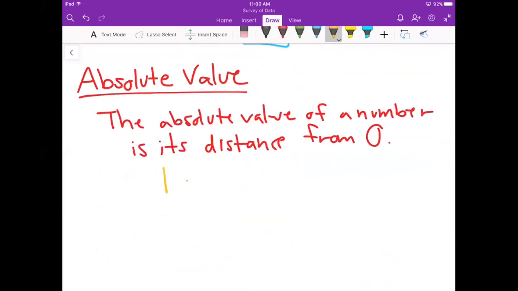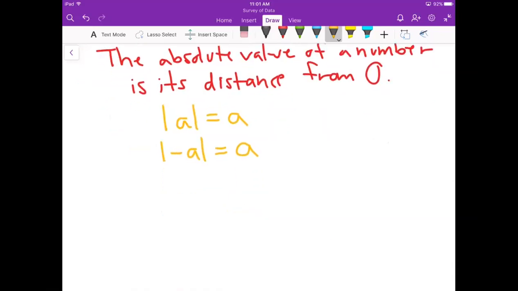The absolute value of a positive number is A. But if I take the absolute value of a negative number, I'm just thinking about that distance, and distances are not negative. So essentially what an absolute value does is it says just think about the number, don't think about the sign for a second.